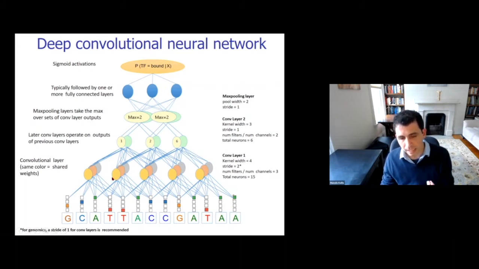We're basically saying, can we find a set of convolutional filters that are very well suited for predicting whether a transcription factor is bound or not? And you're doing this operation for every transcription factor in some cases in a multitask learning scenario.